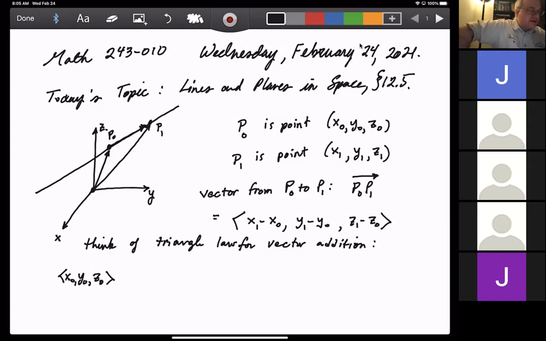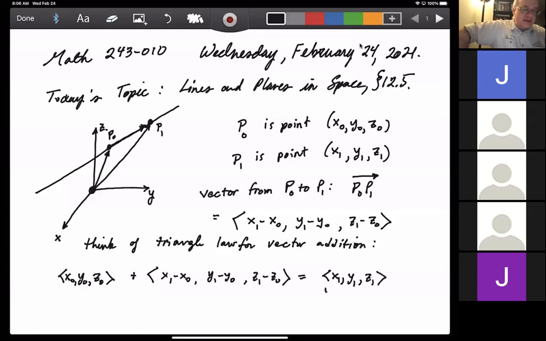Remember, position vector is the vector that gets you from the origin to your point. And then if we add the vector that goes from P0 to P1, we should wind up at the point P1 if we add these vectors. In fact, that does what we're looking for. So this now is the position vector for the point P1.